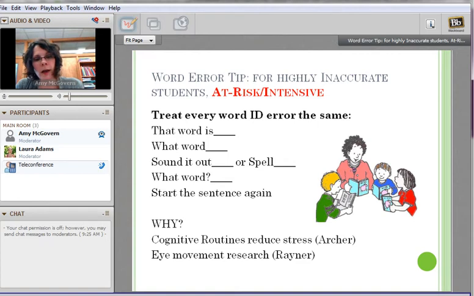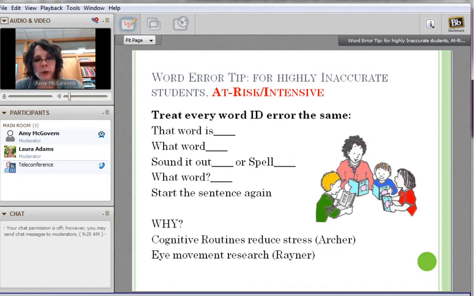They already don't want to stay in the word because they're stressed out about it. And so by providing a prompt like "that word is from, what word, sound it out or spell it, say it again," and then start the sentence over, you're helping to lay those neural pathways and reorganize that structure in their brain that's mapped that word incorrectly in the first place.